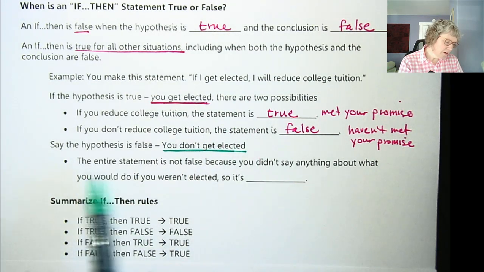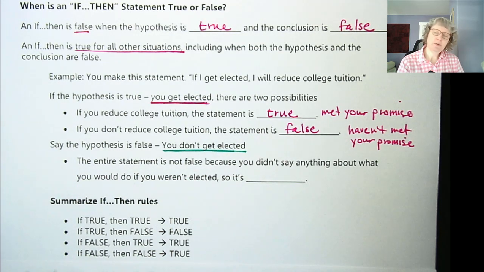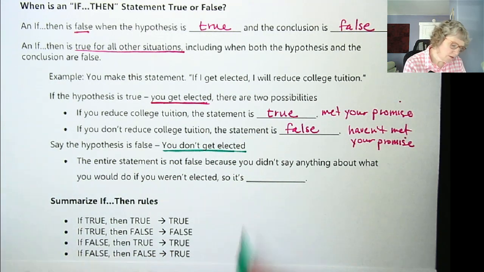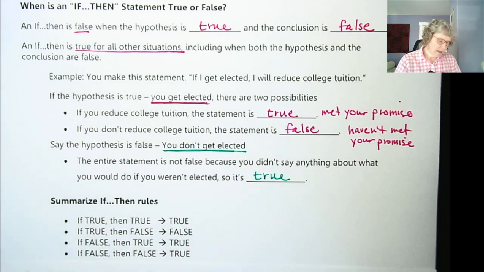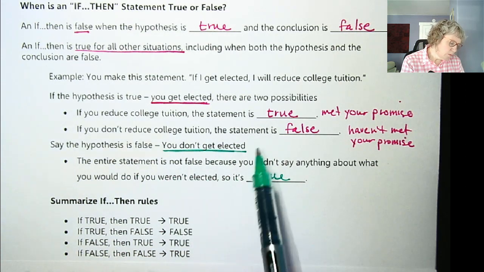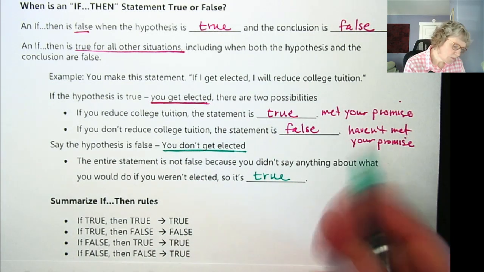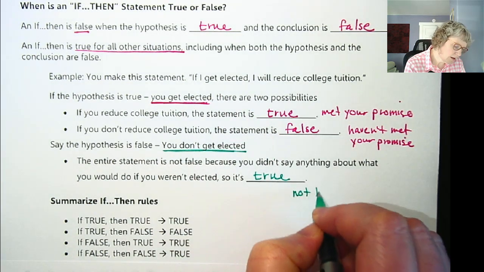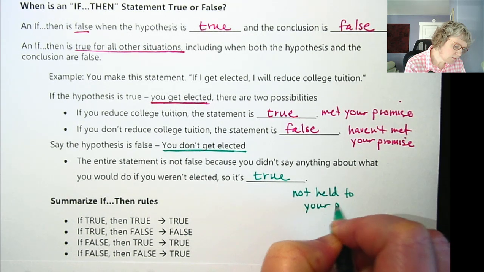So we say this entire statement is not false because you didn't say anything about what you would do if you weren't elected. So it is true. So it's kind of like a double negative here. We can't say you're not held to this promise. You're not held to your promise.